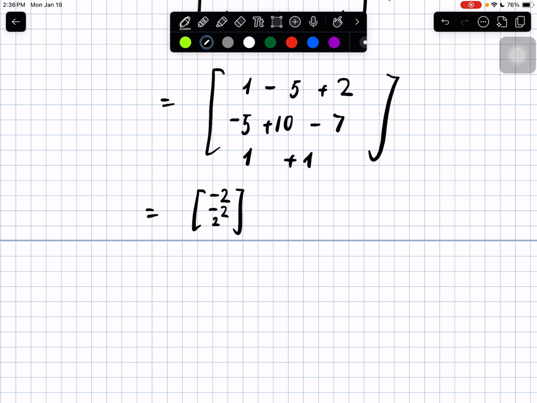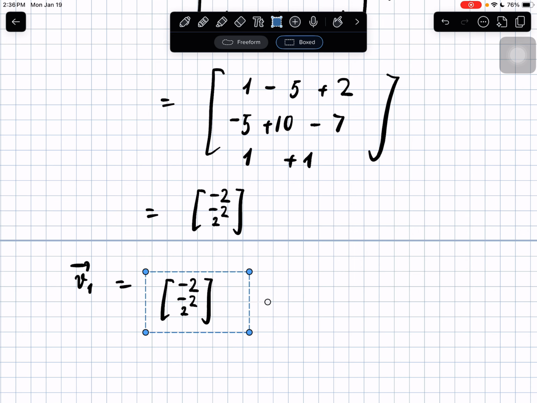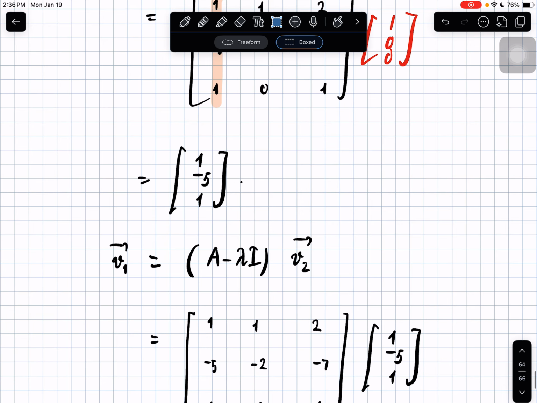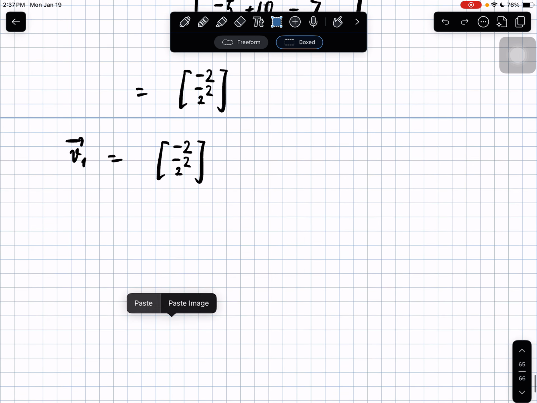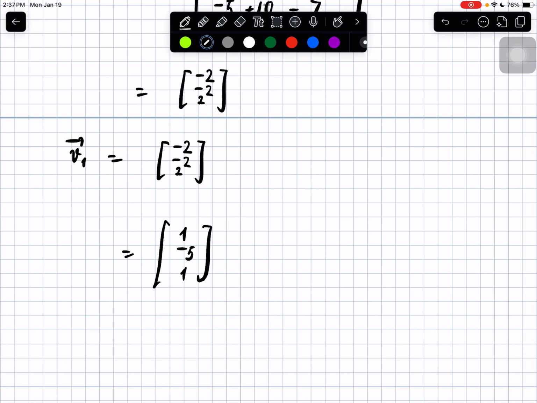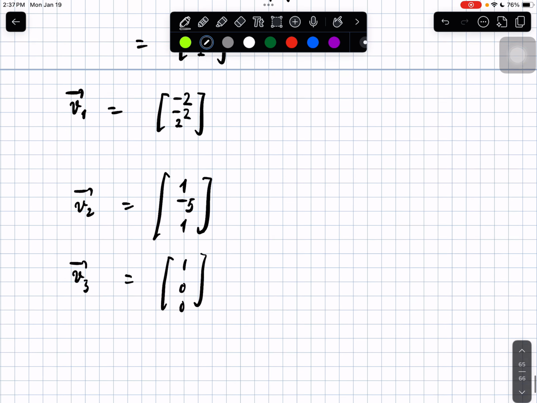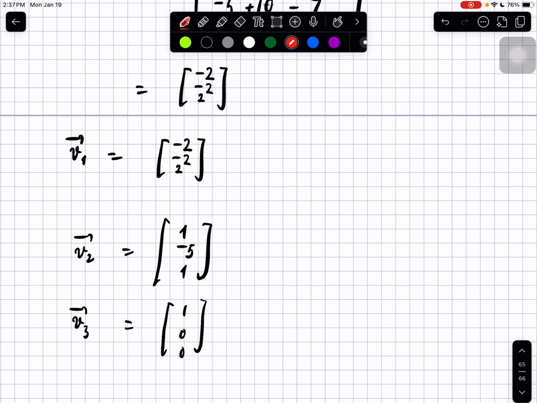This is the actual eigenvector, and then we have v1 is this, and two generalized ones, v2 and v3, which is 1, 0, 0. Remember that's for lambda equal to minus 1.